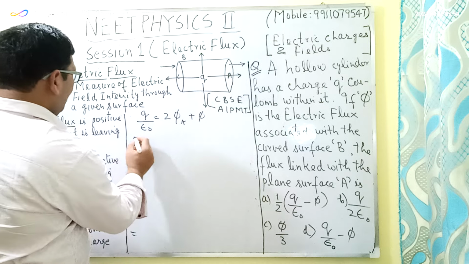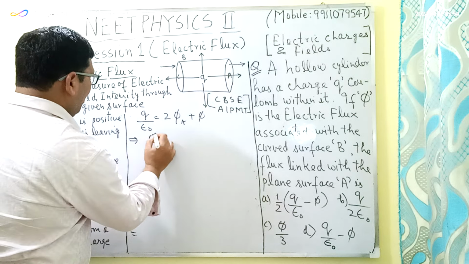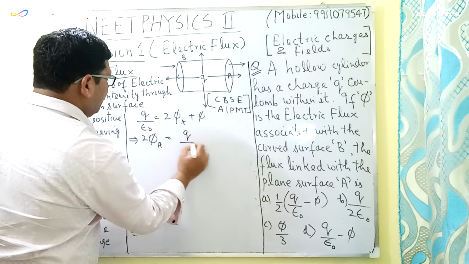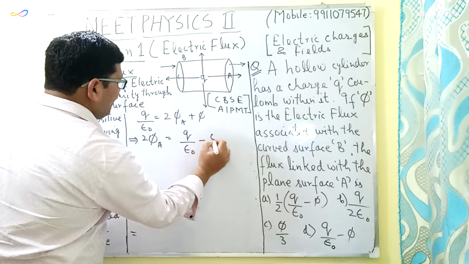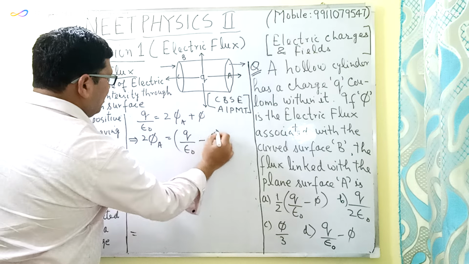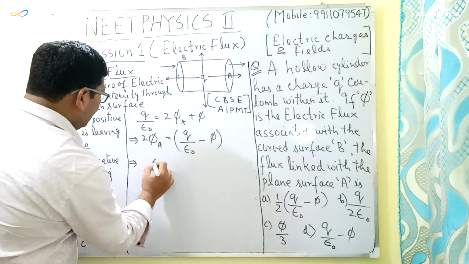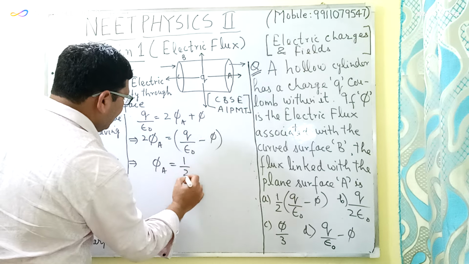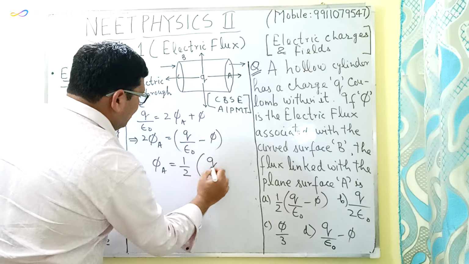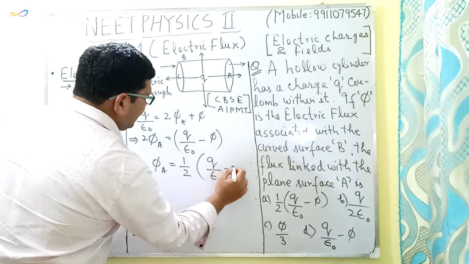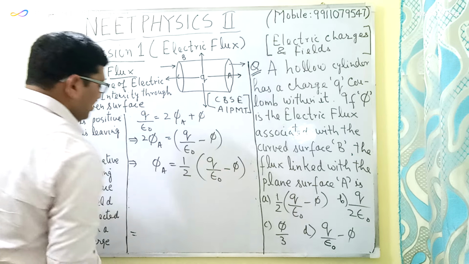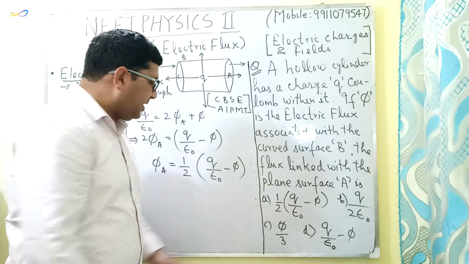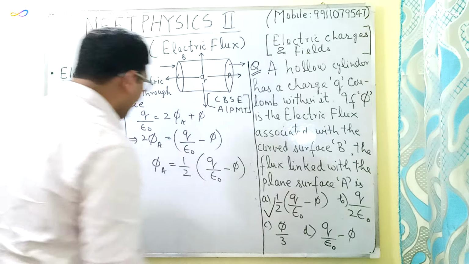So the value of 2 phi A is equal to Q divided by epsilon naught minus phi, or we can say that the flux associated with the curved surface A is equal to 1 by 2 times Q divided by epsilon naught minus phi. So the correct option is A here.